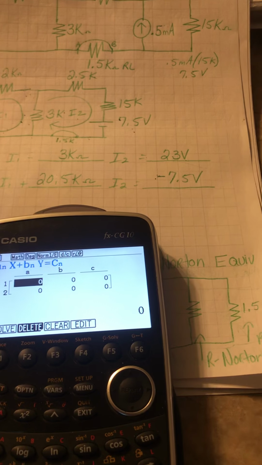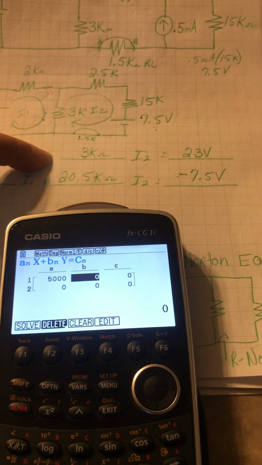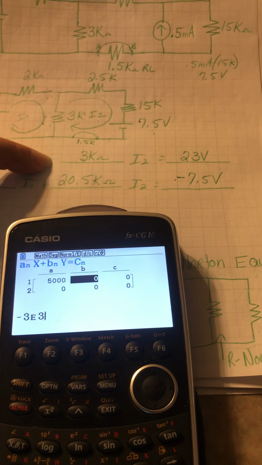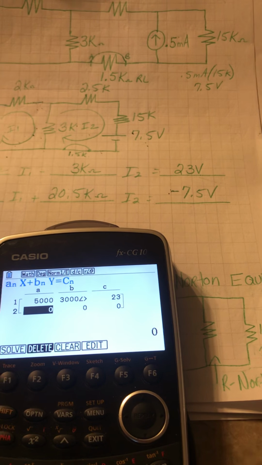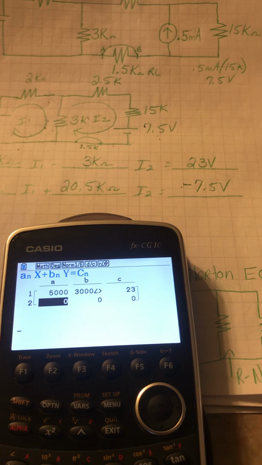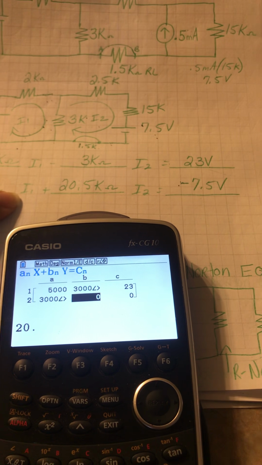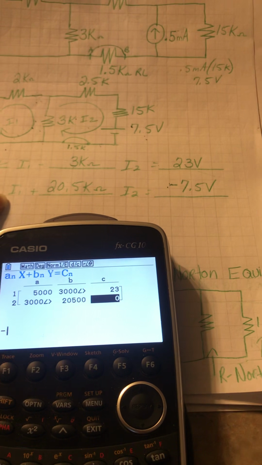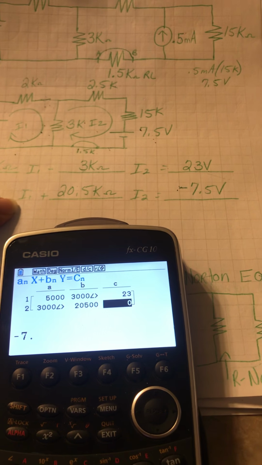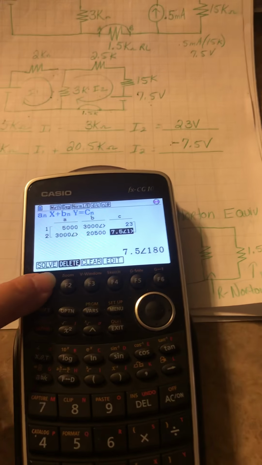So this is plus 5K ohms, negative 3K, 23 volts. The next one is negative 3K, plus 20.5K, and negative 7.5 volts. And now we just hit solve.